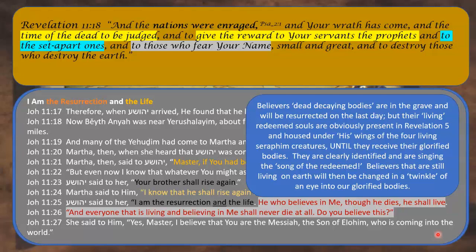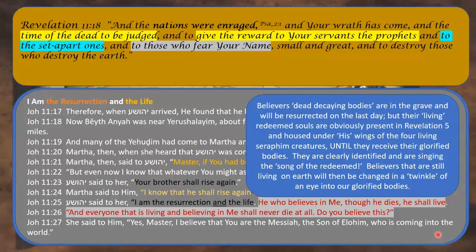Okay? So believers' dead decaying bodies, the flesh and bone, are in the grave and will be resurrected on the last day, but their living, redeemed souls are obviously present and identified clearly from every tongue, tribe, people, and nation in Revelation 5, and are housed under his wings of the four living seraphim creatures until they receive their glorified bodies.